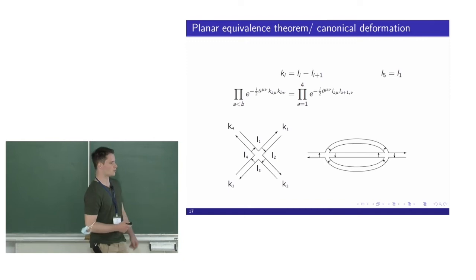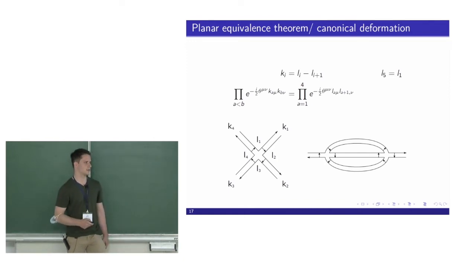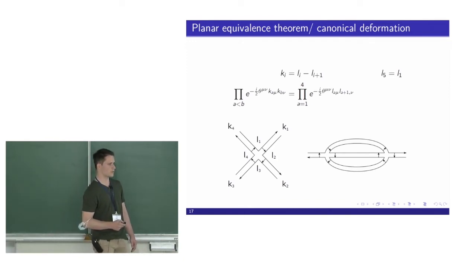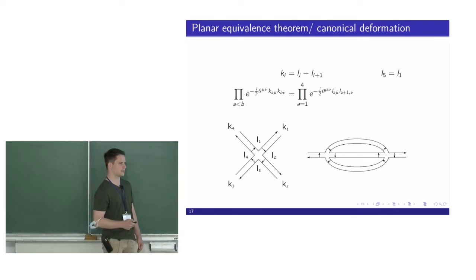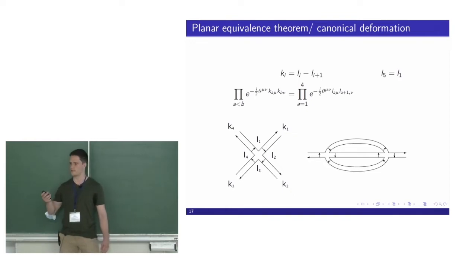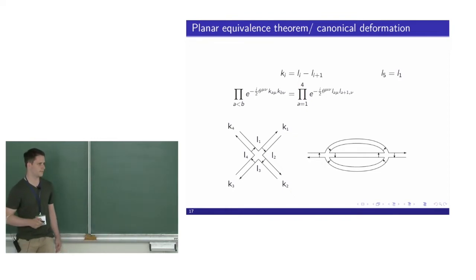With these, we can now draw planar diagrams like this one. And then we see for these inner propagators here that on both sides of these propagators we have these arrows appearing, but they are pointing in opposite directions, which means they cancel against each other effectively.